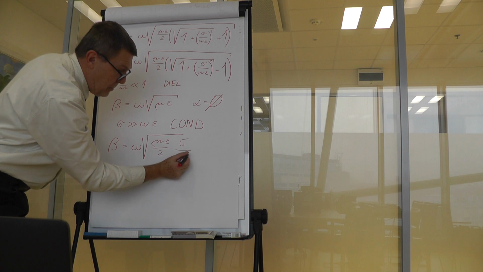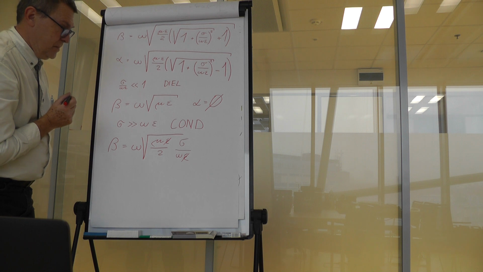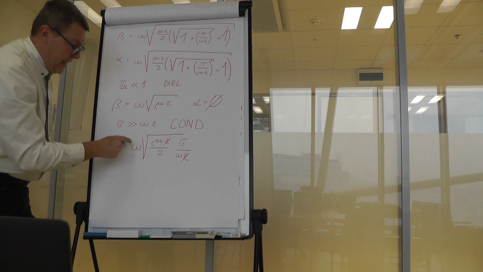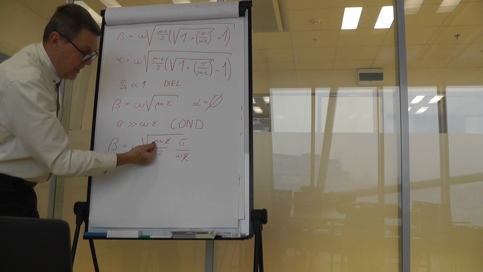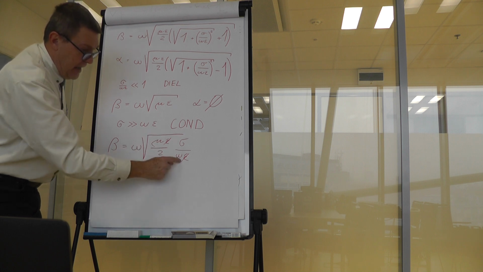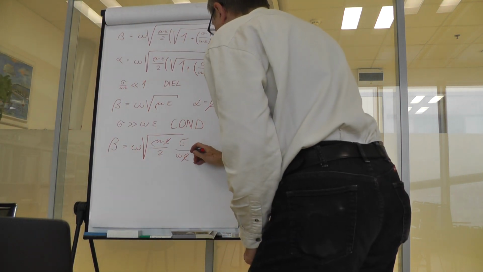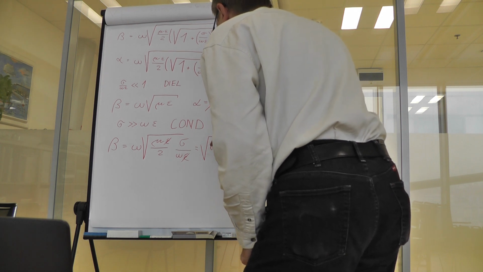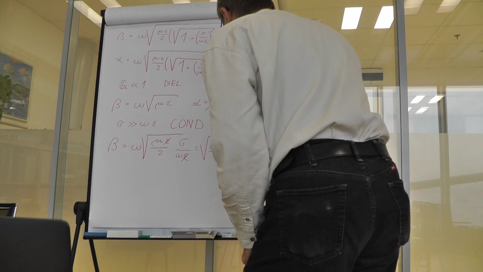Now epsilon, the permittivity, cancels, and we can move this omega from outside of the square root inside. So if we move it here, we get omega squared. We cancel against omega in the denominator, and our final result would be that beta is a square root of mu sigma omega divided by 2.